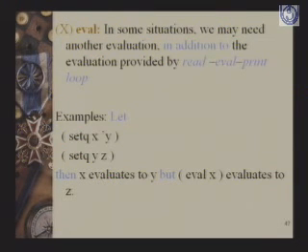Had it been quote x, then quote x would have evaluated to x, but because it is not quote x, it is just x, and x has been associated with the variable y, therefore eval x will actually do the following. First x will be replaced by y, and then eval y will attempt to find out the value of y, but because set q y z is already given, y actually evaluates to z, and therefore eval x will return z and not y.